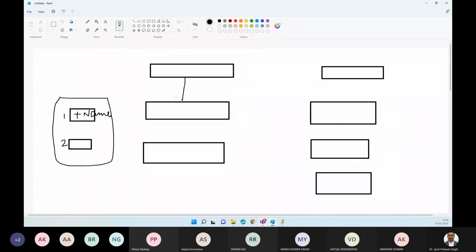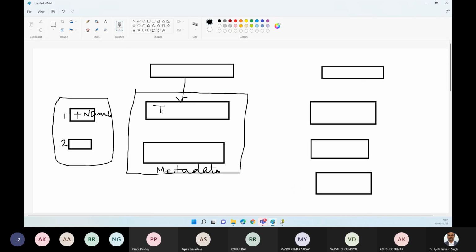Then these two are basically the metadata fields. I think this figure is not there in the book which I have supplied to you. Here they can maintain the time when this was created, accessed, and so on, for different files. So for this file you have something, for this file you have something, and so on. Then this is basically the content.